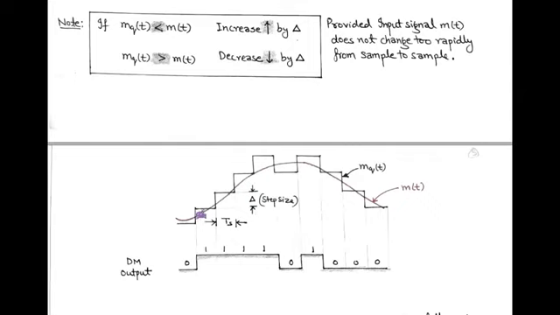Here, for the first quantized approximation, the level is less than the amplitude of the modulating signal m(t), so the delta modulated output is symbol 0. And for the second, third, fourth and fifth, the approximate level is greater than the modulating signal m(t), and in this case the delta modulated output is symbol 1. And accordingly, the approximated level increases or decreases by plus or minus delta corresponding to the amplitude level of the modulating signal m(t).